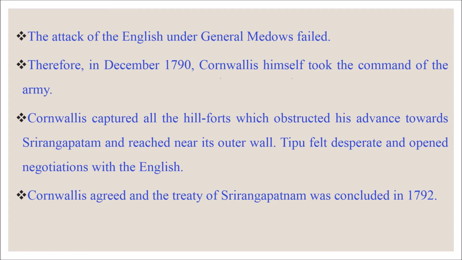Tipu felt desperate and opened negotiations with the English. Cornwallis agreed and the Treaty of Srirangapatnam was concluded in 1792, signed between Lord Cornwallis and Tipu Sultan.